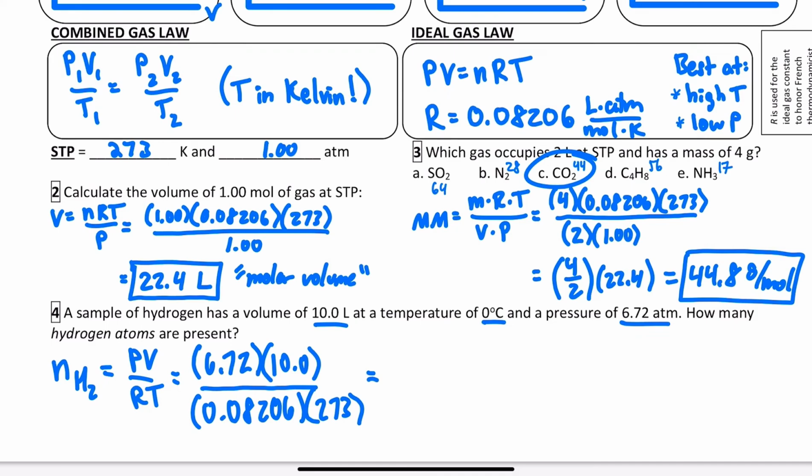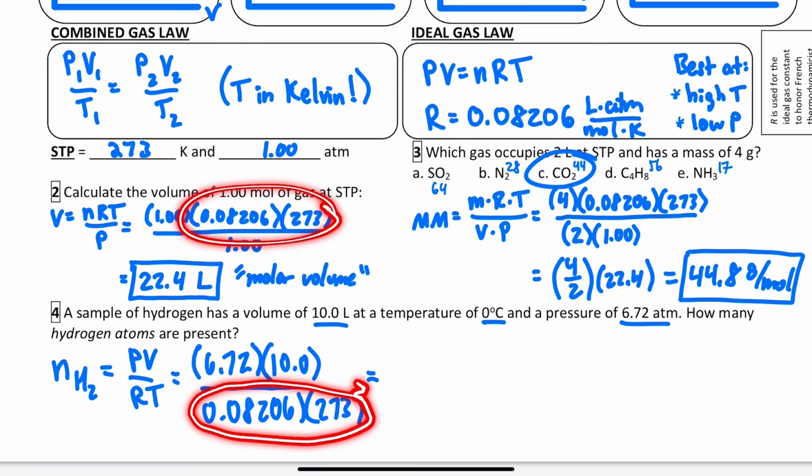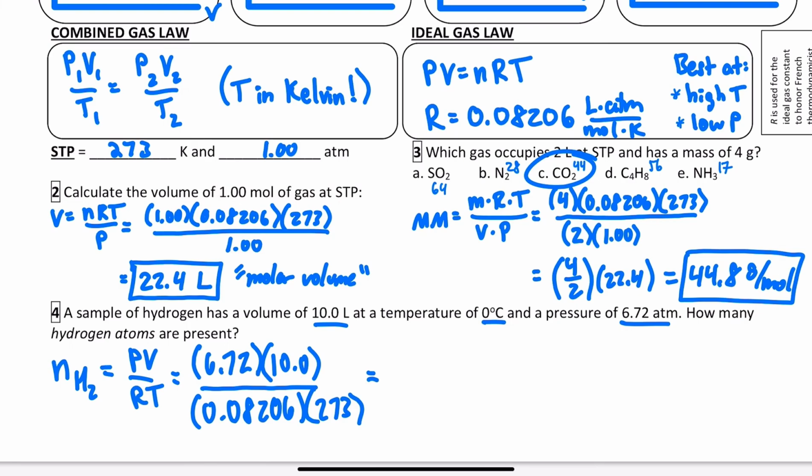And that's my moles. I'm not at atoms yet, but we'll start with this. Oh, and look, again, we have the product of 0.08206 times 273, which we know is the molar volume, 22.4. So my numerator is just the product of 6.72 times 10, that's 67.2, divided by the molar volume, 22.4, and that's a whole number right there. I end up getting 3 moles of H2.